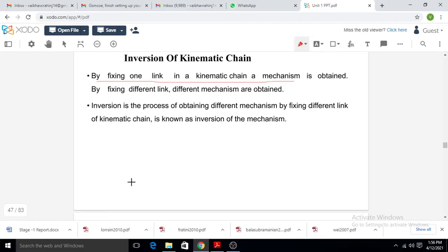Suppose this is my 4-bar chain mechanism, which consists of link number 1, link number 2, link number 3 and link number 4.